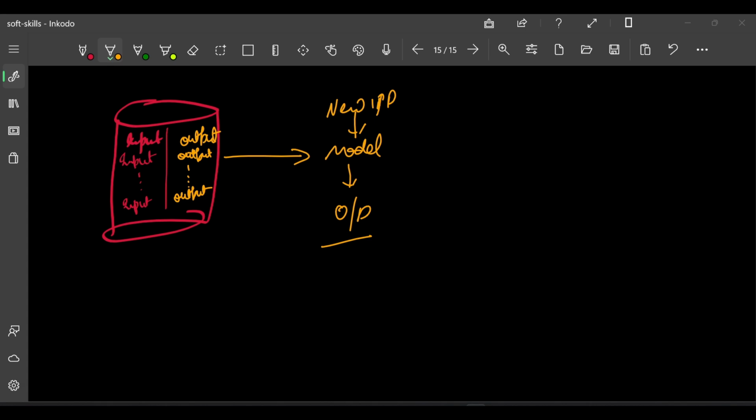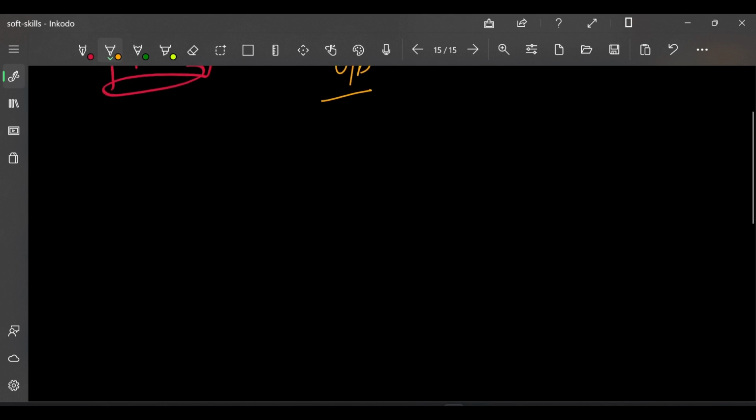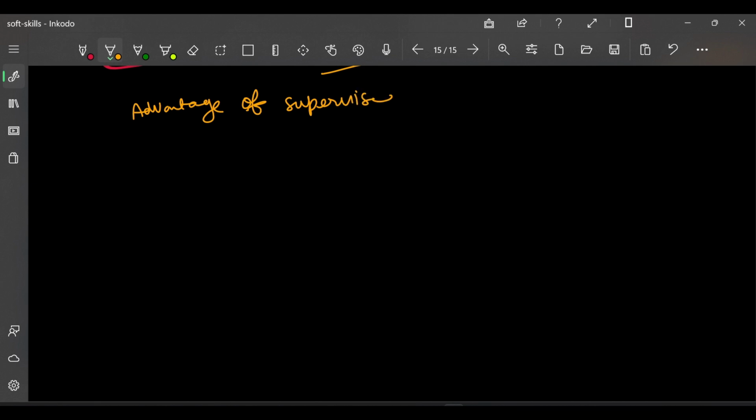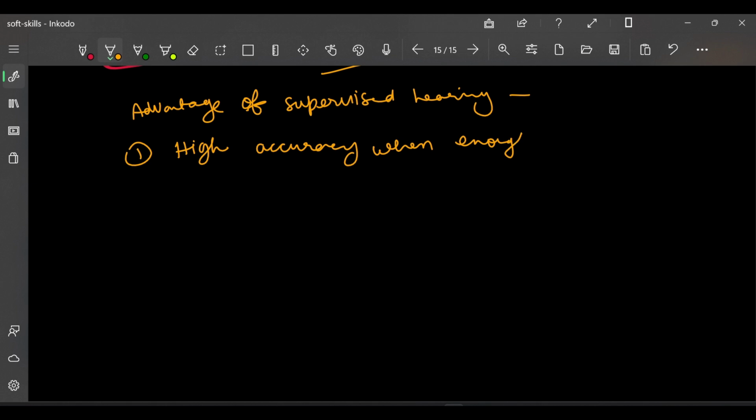Let me write it down. The advantages of supervised learning: the first is high accuracy when enough labeled data is available.